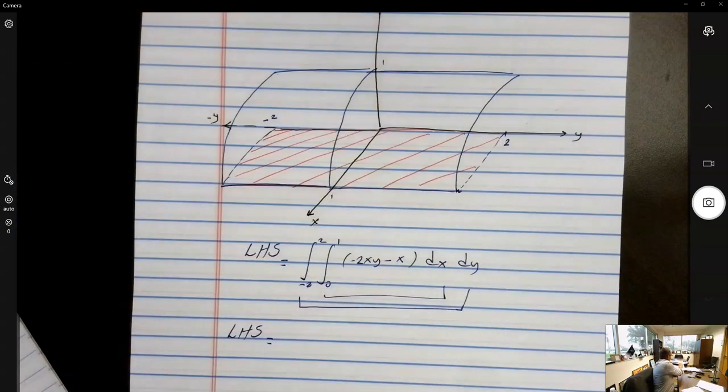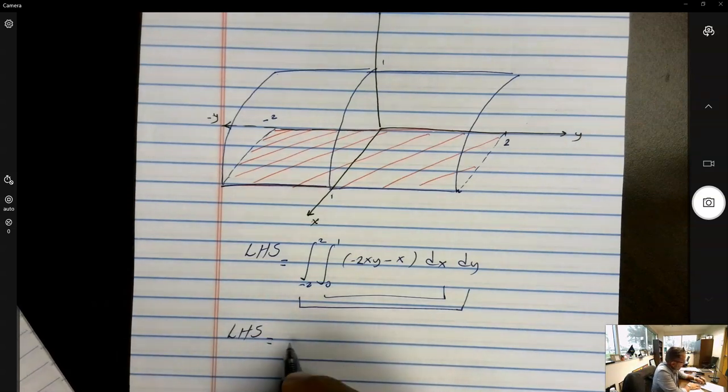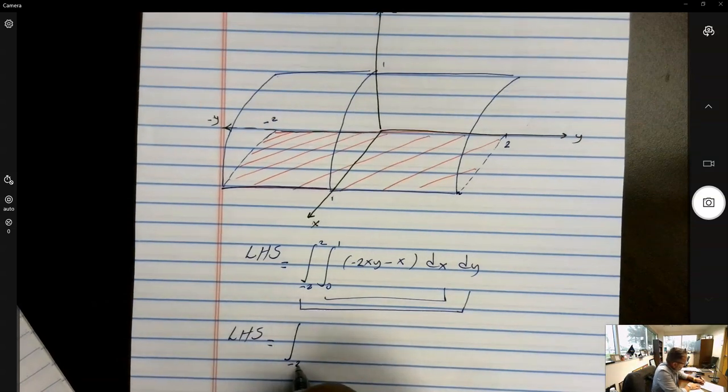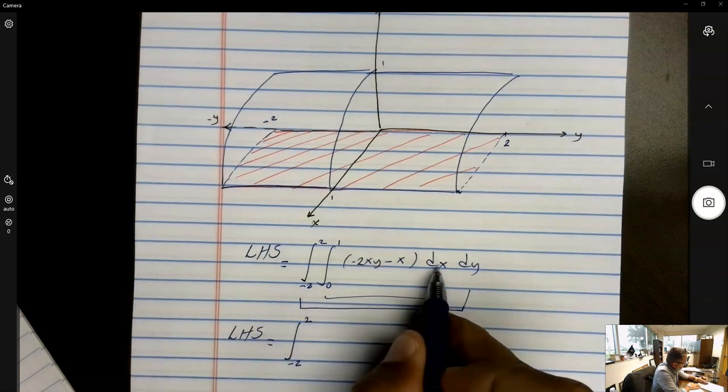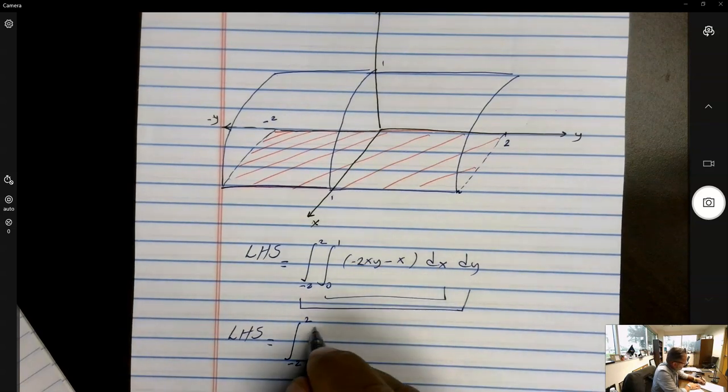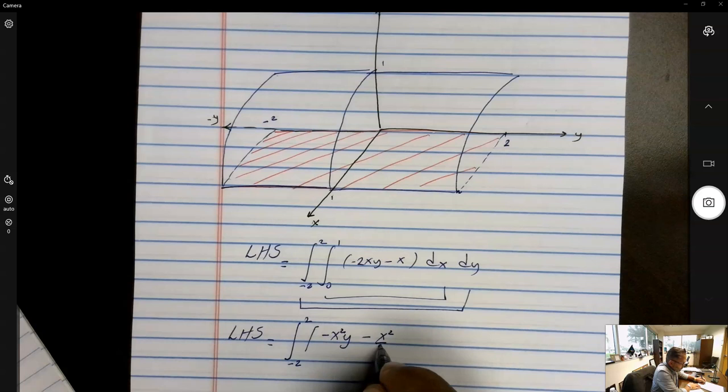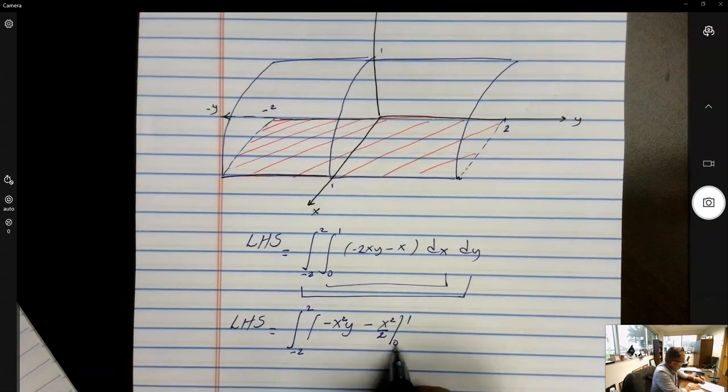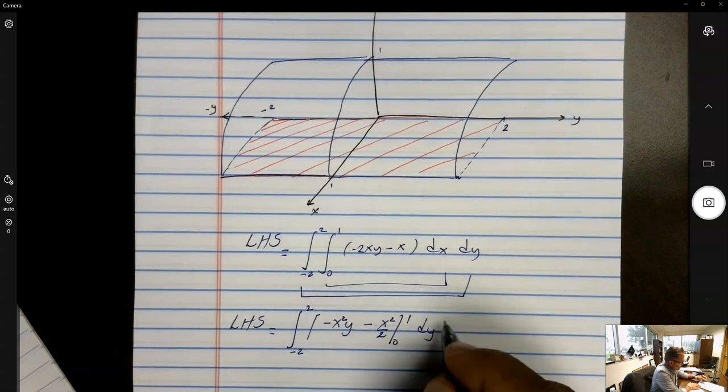So if we integrate that, we now have the integral from minus 2 to 2. Now let's integrate with respect to x, and we find minus x squared y minus x squared over 2, evaluated between 0 and 1, when x is equal to 0 and x is equal to 1, dy.